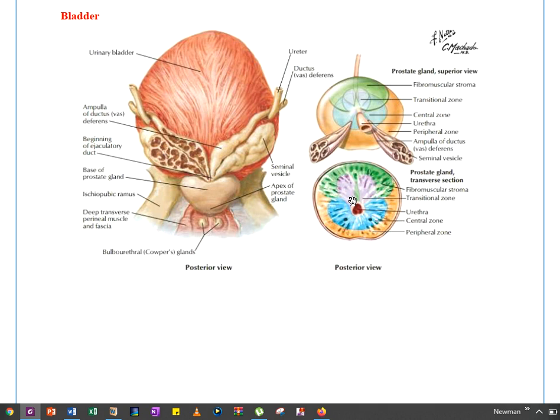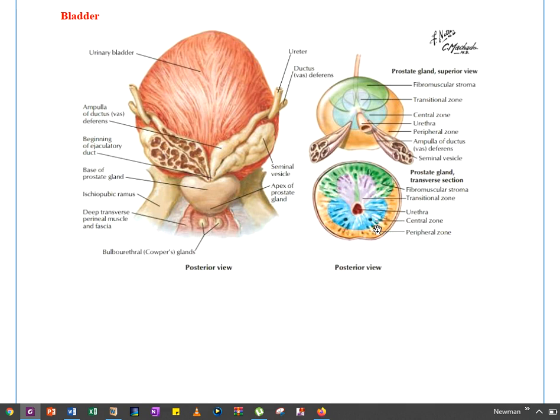And we know BPH is more likely to affect the transitional zone. As it affects the transitional zone, the more it is close to urethra, the more it may lead to lower urinary tract symptoms that we find in a patient with BPH, compared to someone who has carcinoma of prostate, where the tumor is confined to the peripheral zone.